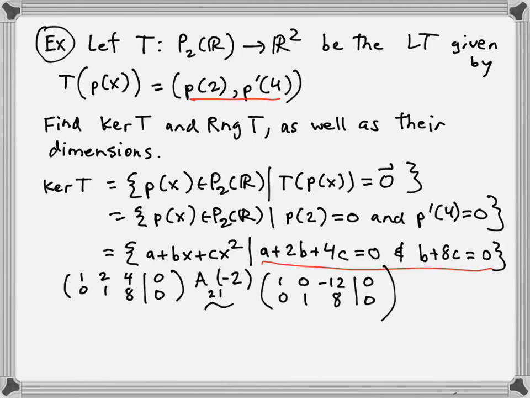Remember, we're solving that system, so these are the coefficients of a, b, and c. That's what we're looking at here. So let's create our free variable. If we call c equal to t, then that means b is equal to negative 8t, and a is equal to 12t.